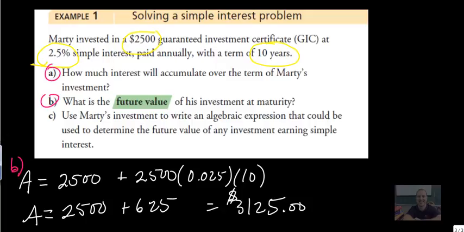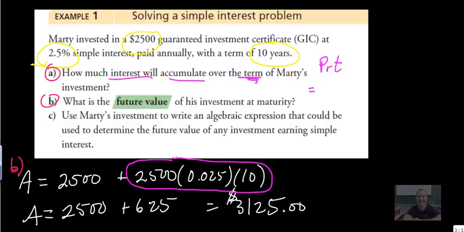Now, I'm not sure why I skipped A, but A asks how much interest alone will accumulate over the whole term. Well, that's just the P times R times T. So that's this part right here, the interest. And that is $625. So the $625 is the total amount of interest, and the total value is the principal plus all of the interest.